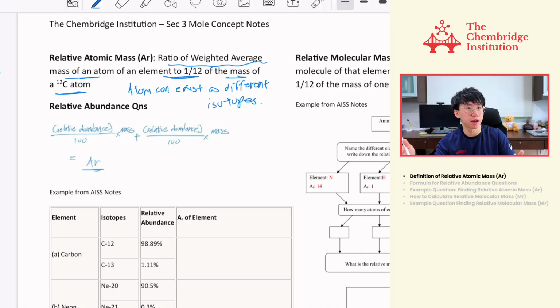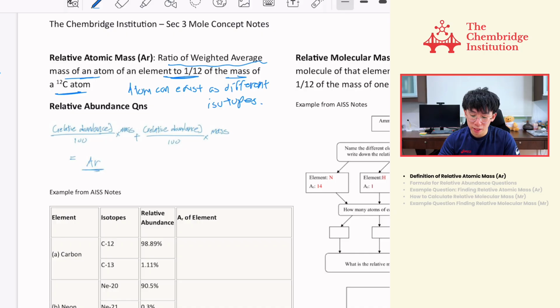Remember, isotopes have different numbers of neutrons but the same number of protons. So they have different masses and they're going to exist at different relative abundances. So their natural relative abundances multiplied by their isotopic mass, and when you add it all up together, you get the relative atomic mass, which is what we call the weighted average.